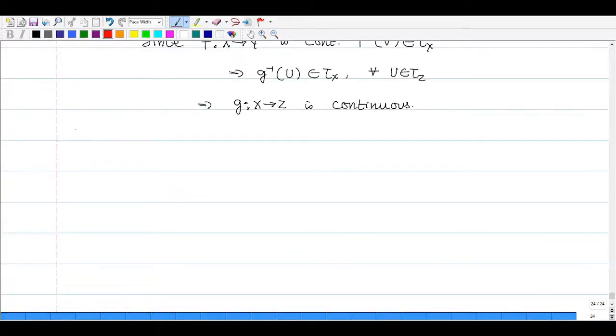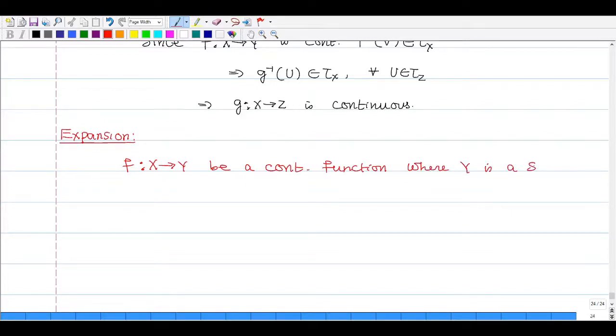இப்போ அடுத்த ப்ராப்ளம் வந்து என்னன்னா எக்ஸ்பான்ஷன். Okay, so this is an expansion. இது ரொம்ப சிம்பிள். எக்ஸ்பான்ஷன் இது எப்படின்னா ஒன்றும் இல்லை, இதே தான் கொடுத்துருக்கேன். f is a function from X to Y, okay, be a continuous function, where Y is a subspace of Z. Okay, இங்க என்ன கதை நடந்திருக்கு அப்படின்னா that is f of X வந்து எதுல இருக்கு?